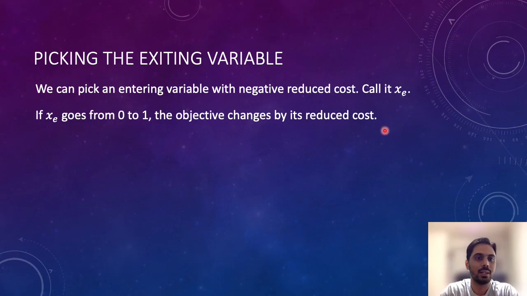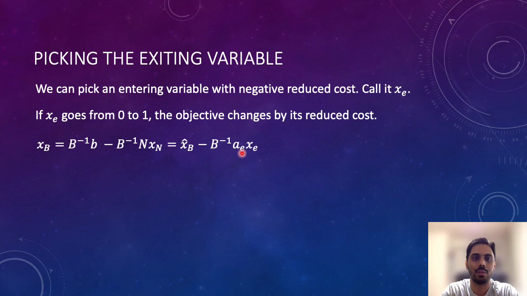So let's again recall our formula for xb, which is B inverse b minus B inverse N times xN. All other non-basic variables are going to take value 0, but we want to increase our entering variable. So the column of N that is useful is the column for our entering variable, and everything else is 0.